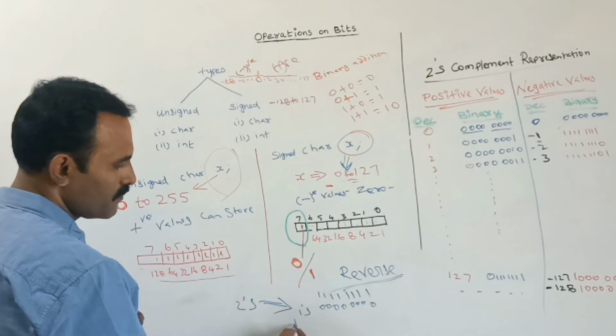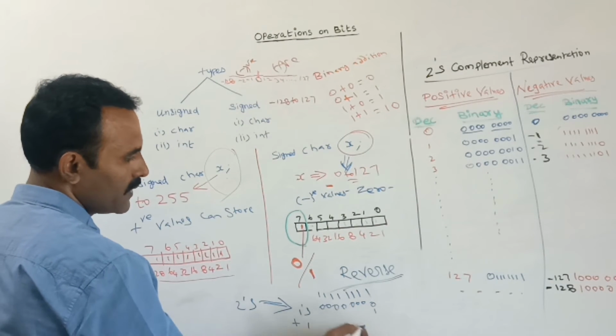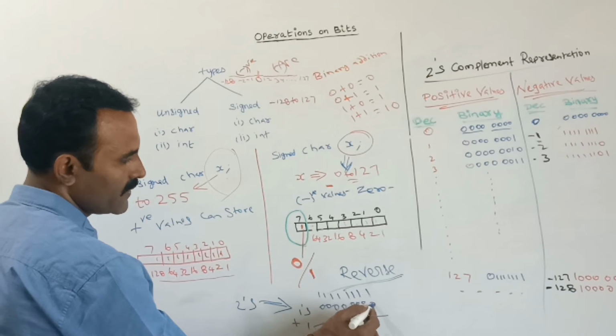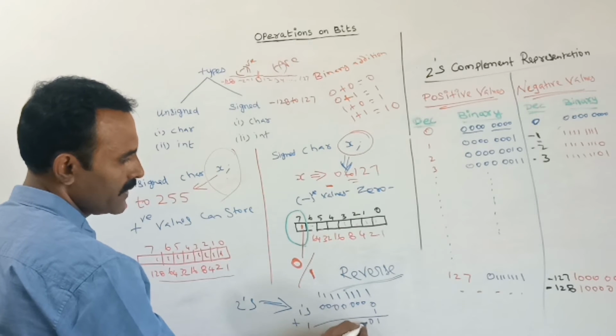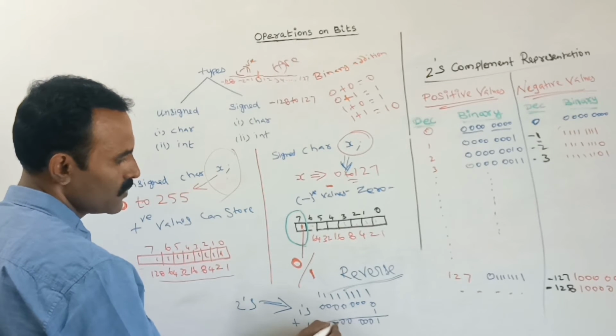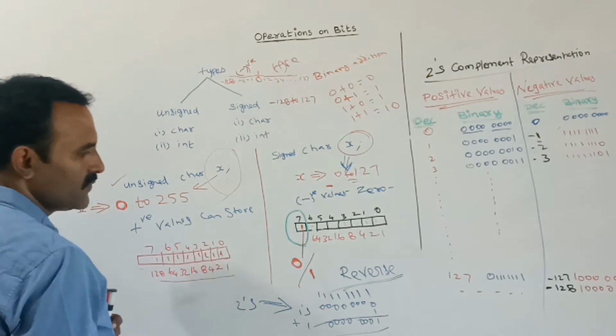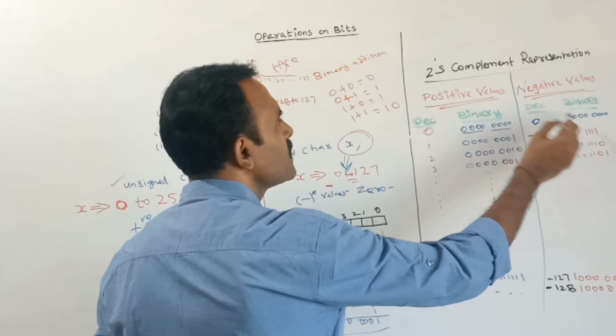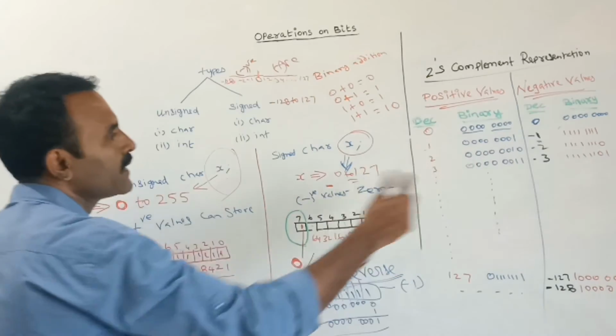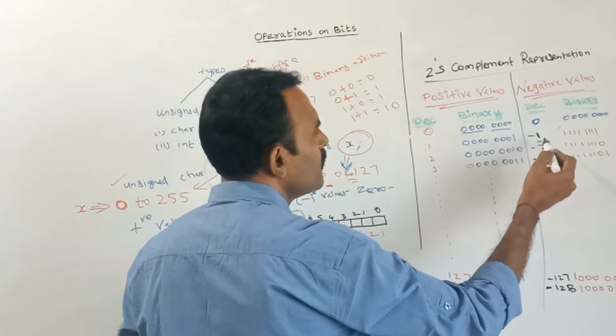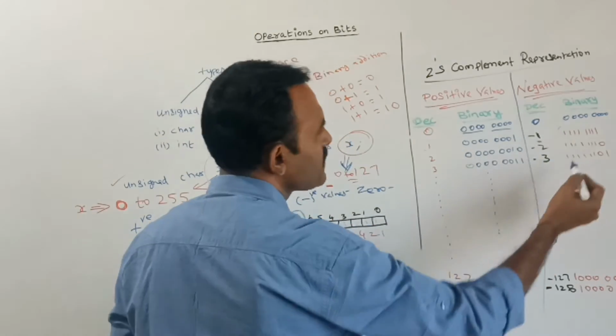Now the second step, plus 1, you add 1. So you get 0 plus 1 is 1, remaining every bit value is 0. So if you take the 2's complement, then we will get the positive value. You take the 2's complement value of minus 2. This is the reverse processing.